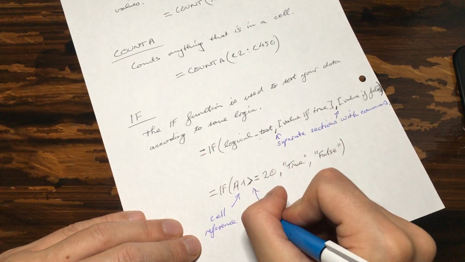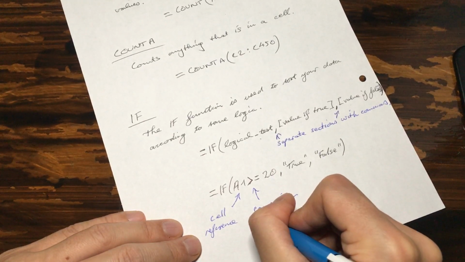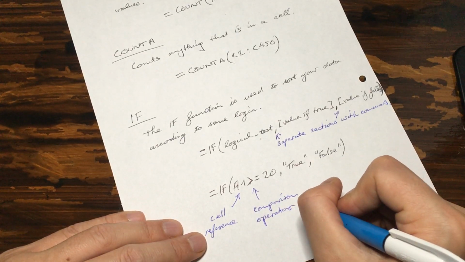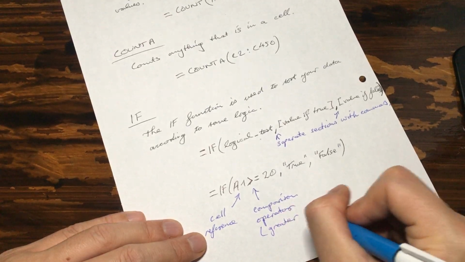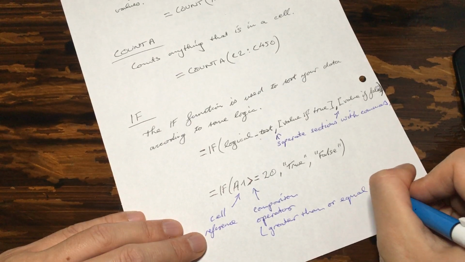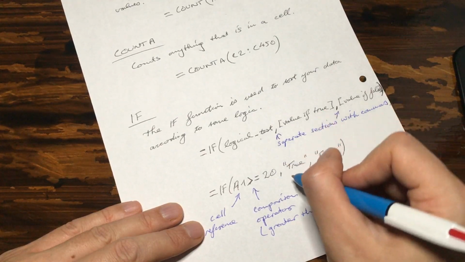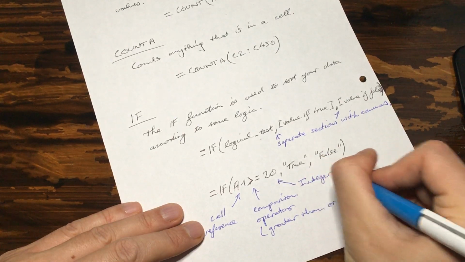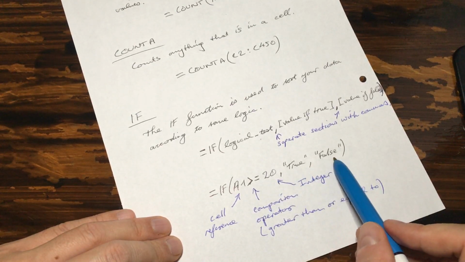This is a comparison operator, which is in this case greater than or equal to. Okay, and then this is just a number, right? So this is just an integer, a whole number. Okay, so it's not a cell, but I could do a cell if I wanted to. And then this is what I want to say if it's true or false.